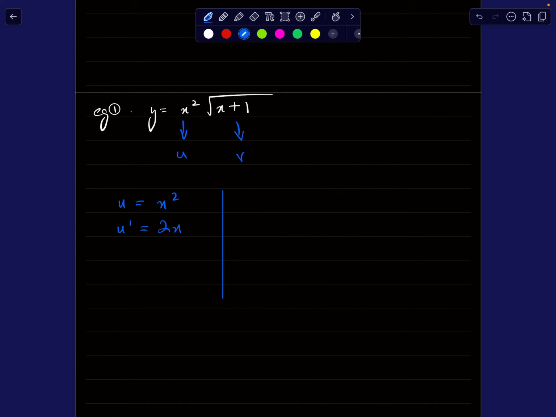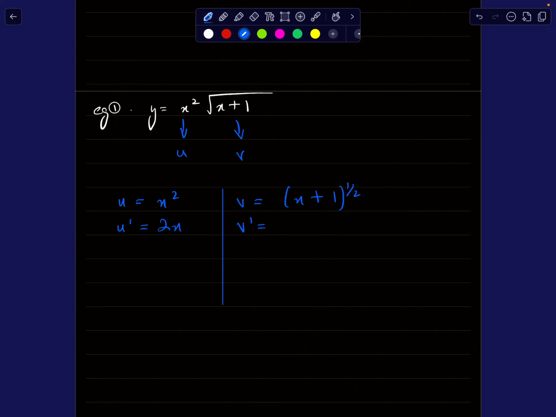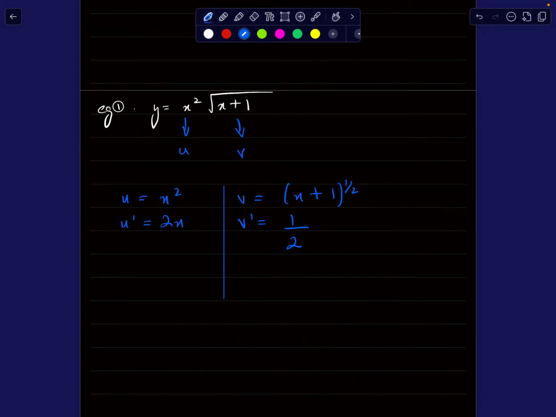Similarly, my v is square root of x plus 1, which can be written as x plus 1 in brackets, and the bracket to the power half. The differential of v would be: bring the power down, reduce the power by 1, and into differential of the bracket. Simplifying this would lead us to this expression.